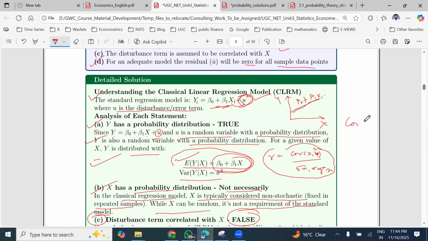Huh? I think you have not reviewed, that is why you are not looking confident. No, I remember correlation, sir, but regression actually. That is fine, not a problem. You can quickly review it. So, covariance of x and u, this is x and this is u, upon sigma x and sigma u.